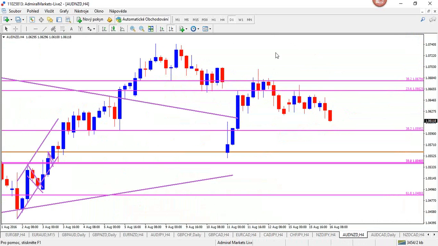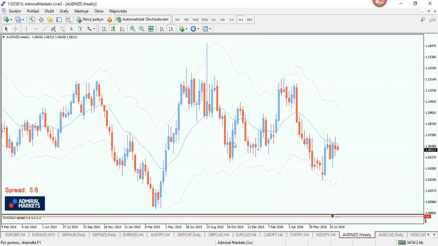Let's take a look at some of the other charts, like, let's see, oil maybe. All right, there we go. Oil is breaking to the upside after this 50 fib bounce, like this.